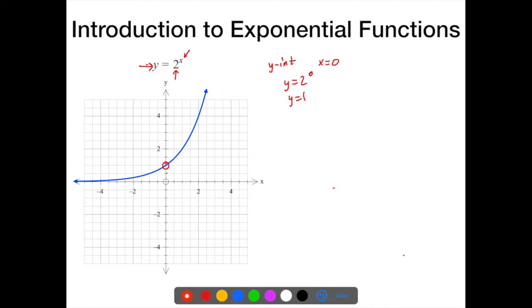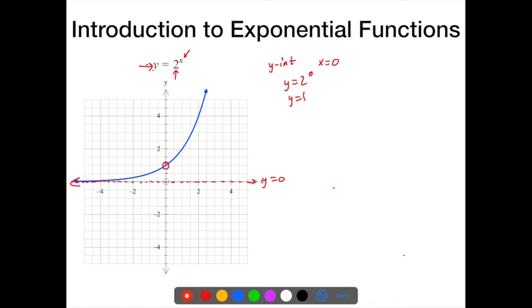Okay? So now, the other thing I want you to see is that right here, we've got something that we call a horizontal asymptote. Okay, now this horizontal asymptote is at y equals 0. Now what the horizontal asymptote means is that as I look at my graph, as I come back this way, as I get farther and farther, as I go to negative infinity, this graph is going to get closer and closer and closer to 0, but it's never actually going to be 0, right?